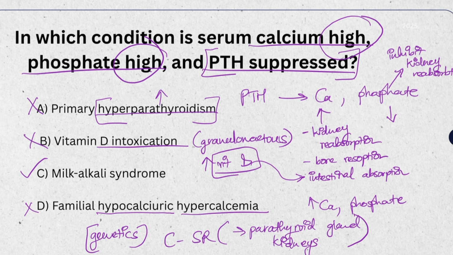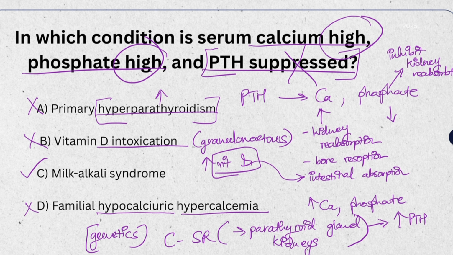The mutation in the parathyroid gland means it is not able to sense the level of calcium in the blood. So the parathyroid gland thinks that the calcium level is low because it is not able to detect the calcium level in the blood. What happens as a result? There is an inappropriately high level of PTH being released. It would not be suppressed, as the question says.